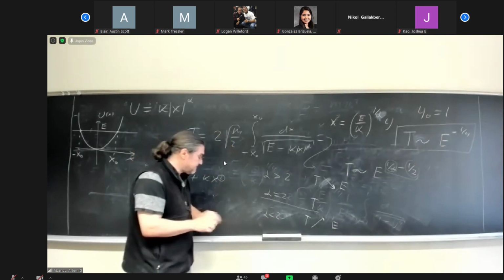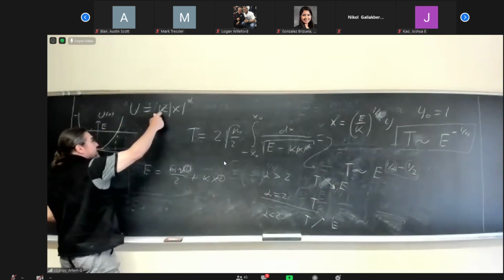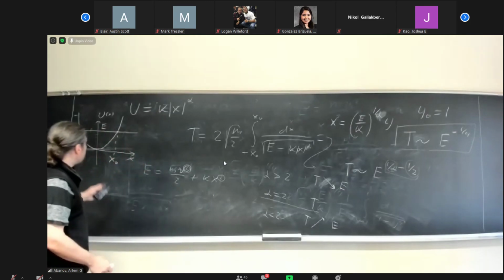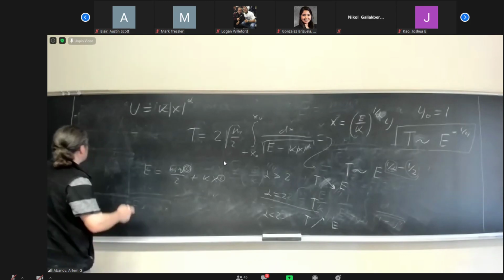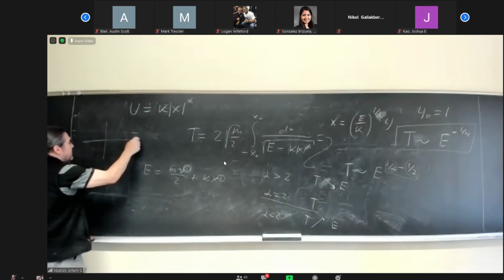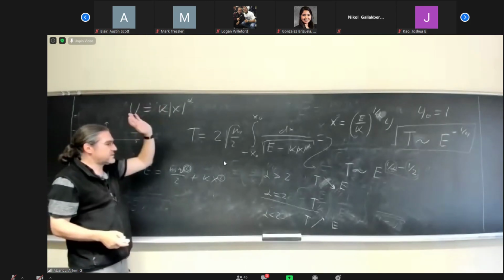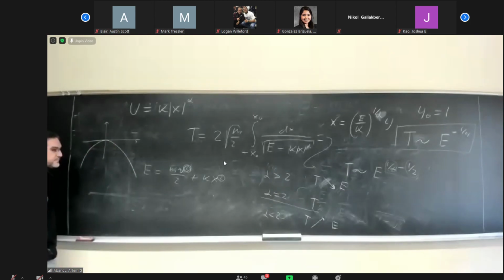All right. Okay. So the next question in the problem was, what if k is negative? If k is negative, then again you just draw the function U as a function of x. Let's say alpha is 2 or 4, but then what you notice is that it will look like this.